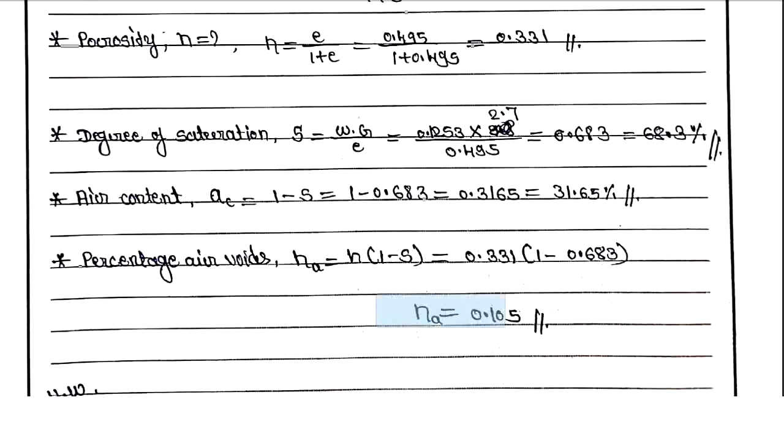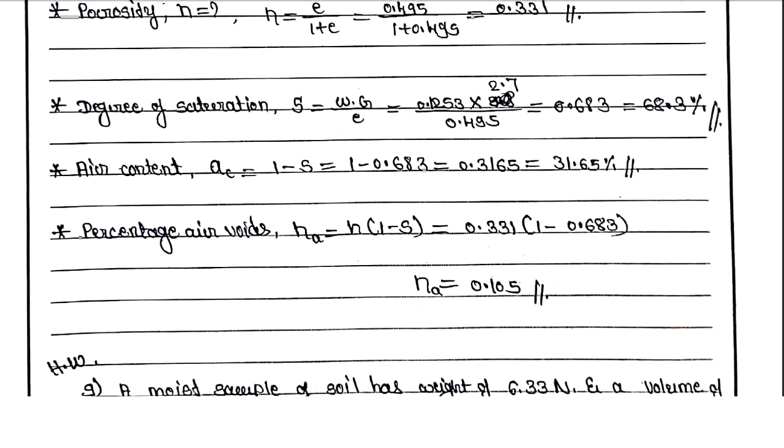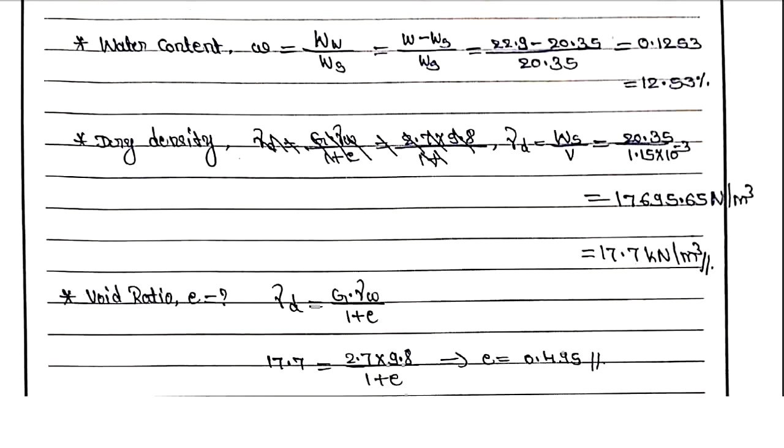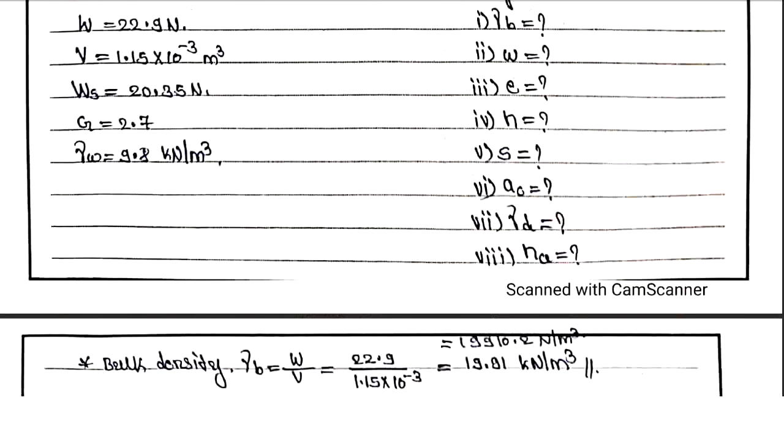So it is going to give us the percentage air voids, Na is equal to 0.105. Okay, so this is a problem in which we have found all the quantities.